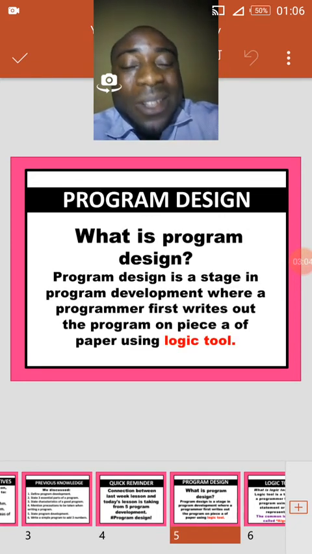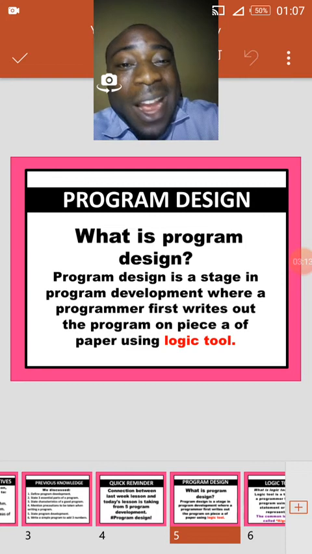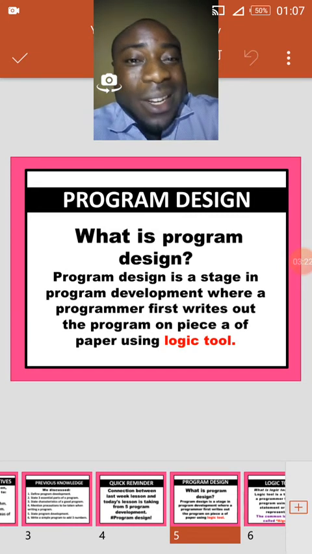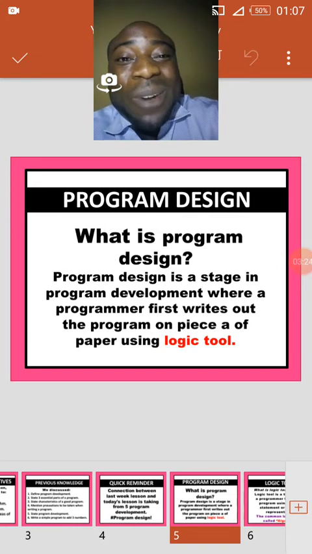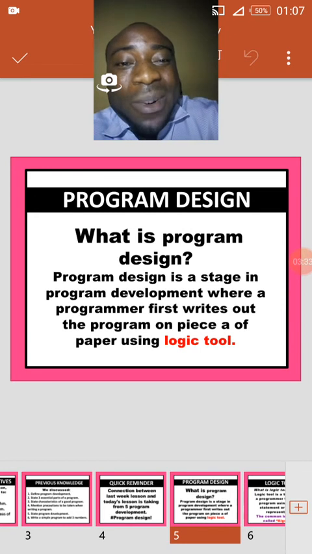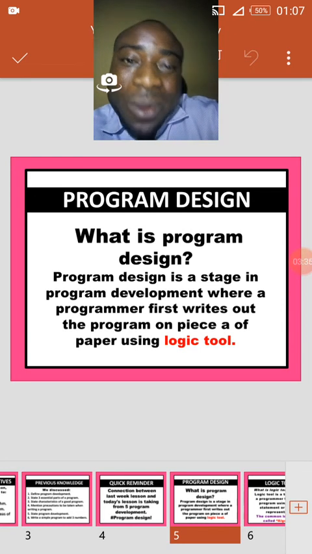We can say program design is a stage in program development where a programmer first writes out the program on a piece of paper using logic tool. Remember, a programmer needs to write it on a piece of paper, doing what? Writing it as a rough sketch before writing the main program.